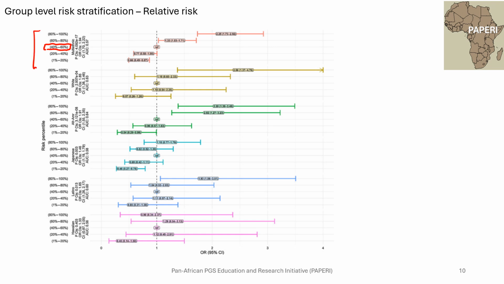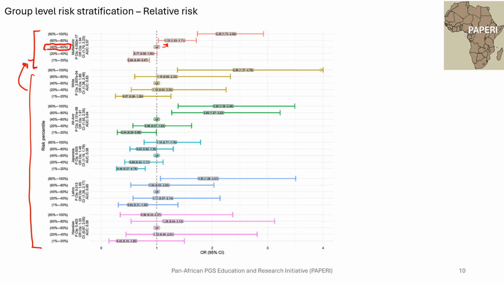So for this first panel up here is the combined multi-ethnic sample. So this is basically just pooled with all of these individuals. And here we can see, relative to the reference, how much higher the odds of pancreatic cancer is relative to this average group here. So here we have an odds ratio of 1.33.